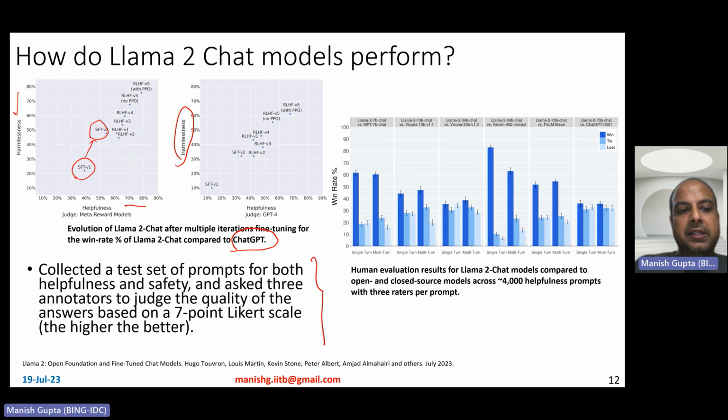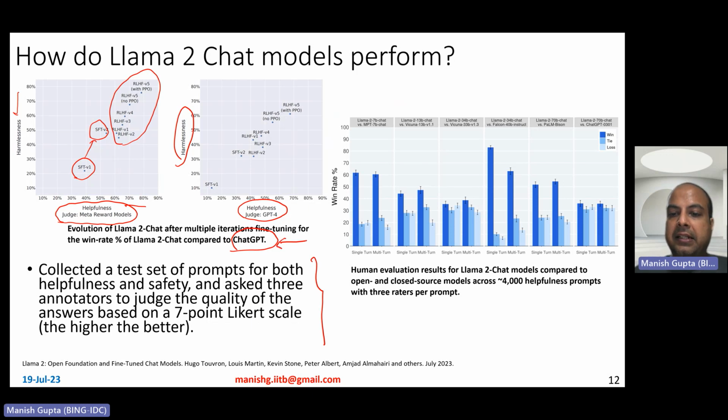And if the judgment was done using Meta reward models, or you could also do judgments using GPT-4, right? If you do the judgments using Meta reward models, you observe that all the RLHF based checkpoints of Llama are better than ChatGPT. They are better than ChatGPT, right?